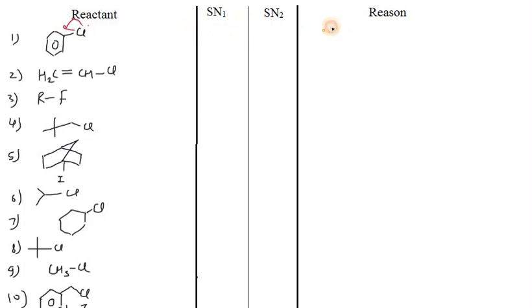So it is a resonance stabilized halide, or leaving group, and it will not leave the benzene ring. So in case of chlorobenzene, it will show neither SN1 nor SN2. Again, chlorine is involved in resonance here, so it will go by neither SN1 nor SN2.